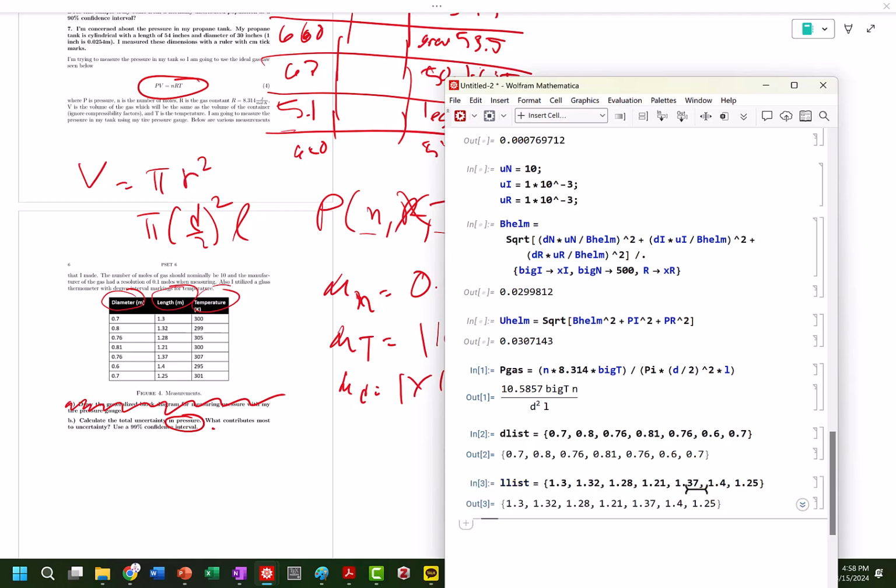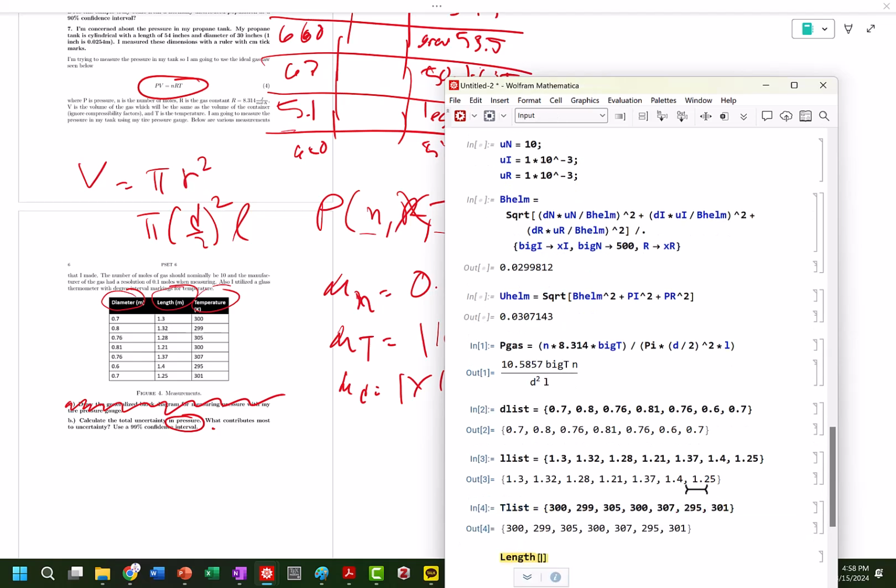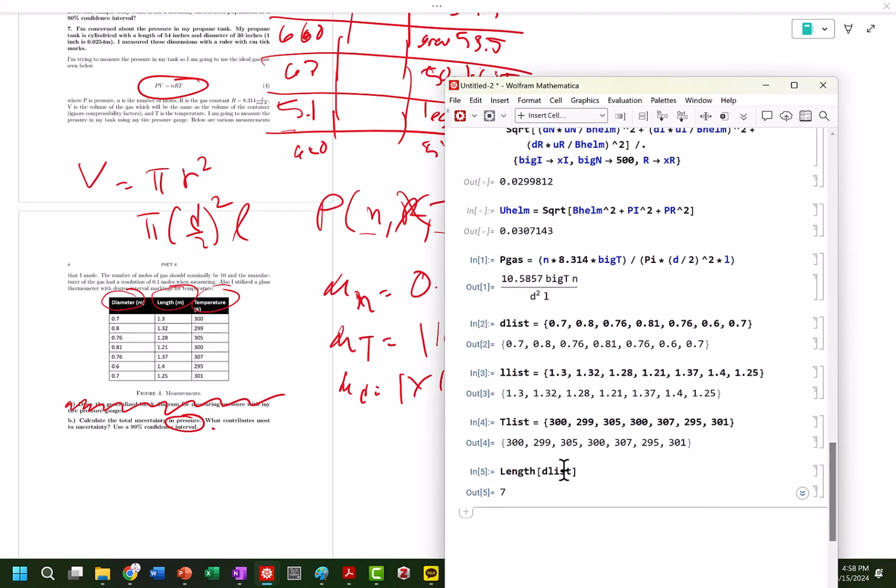And then a T list, which is going to be equal to 300, 299, 305, 300, 307, 295, 301. I'm going to look at the length of all my lists just to make sure: D list, L list, 7, and then T list.